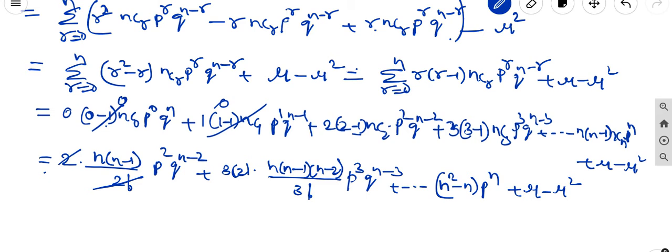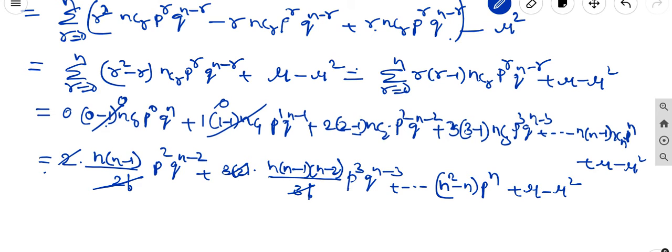Here 2 factorial gets cancelled, and 3 factorial means 6, and 3 twos are 6, which gets cancelled.